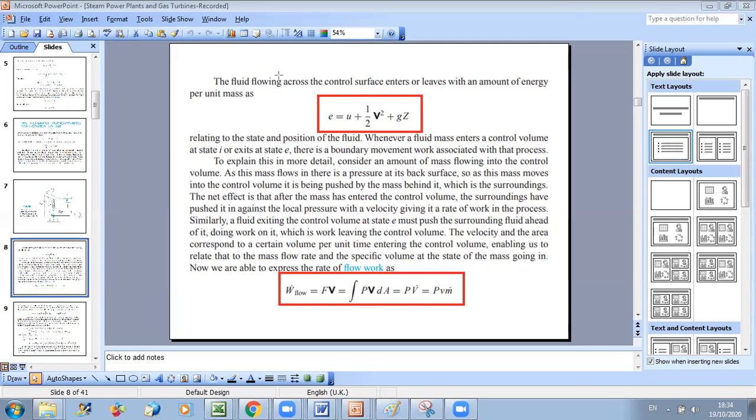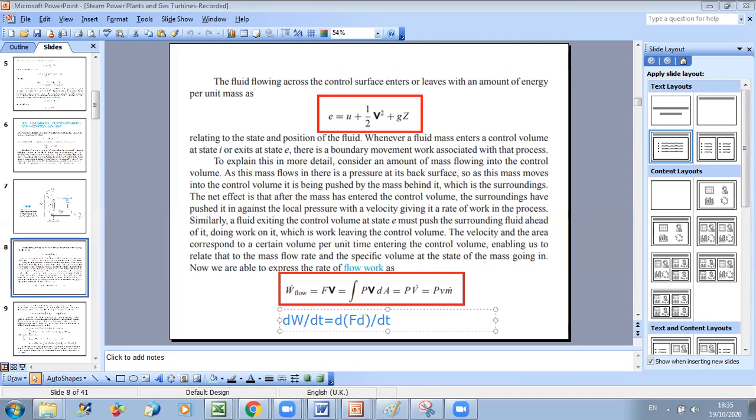Okay, the flow work is dW/dt. Okay, dW/dt, and we already defined the work as force times distance. Okay, so it's equal to the derivative of force times distance by time.